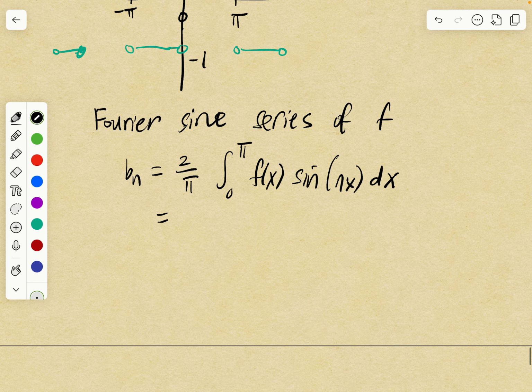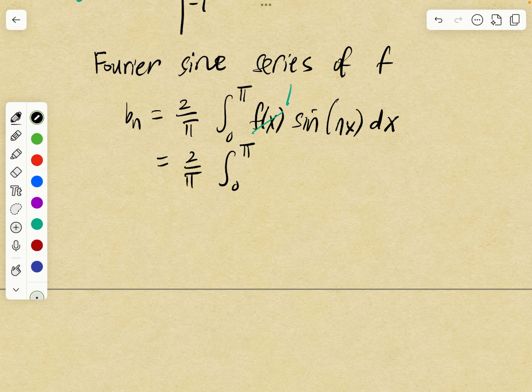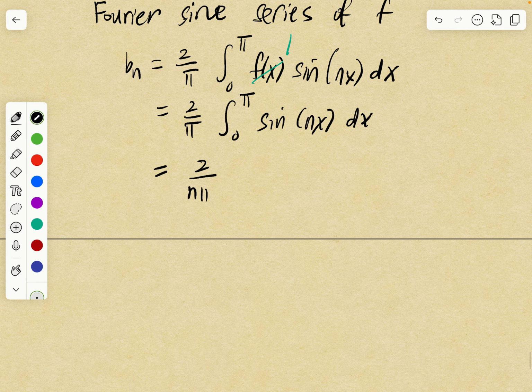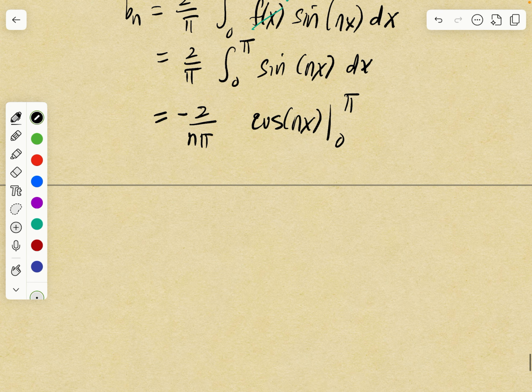So this is 2 over pi times the integral from 0 to pi of sine nx dx. Integrating by substitution, we get 2 over n pi times negative cosine nx from 0 to pi.